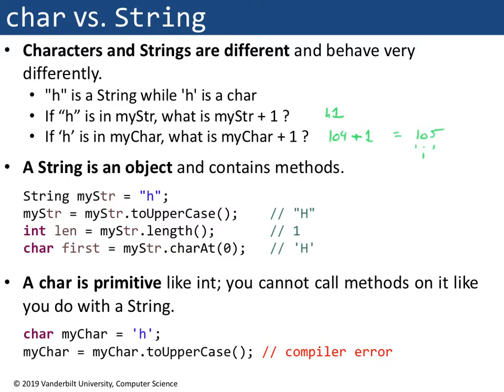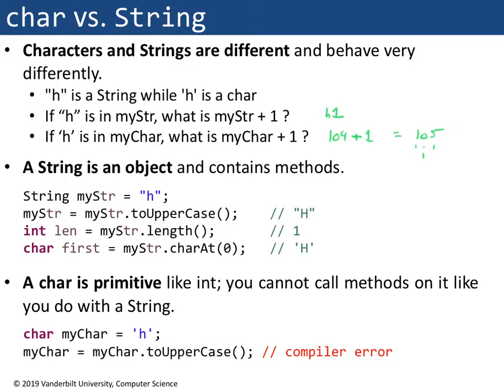Then charAt, and then give it the index as a parameter, is going to return the char at a specific index. So in this case, it's going to return the character h, stored in the char variable first. So strings are objects.